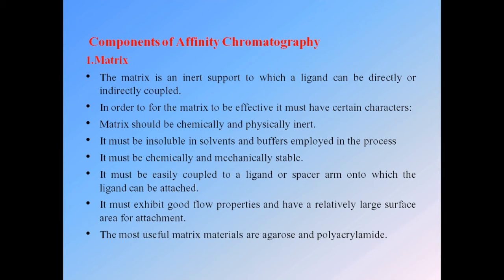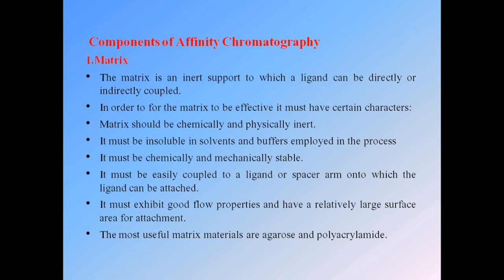It must be chemically and mechanically stable. It must be easily coupled to a ligand or spacer arm onto which the ligand can be attached. It must exhibit good flow properties and have a relatively large surface area for attachment.